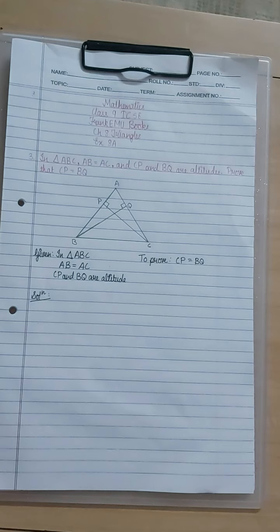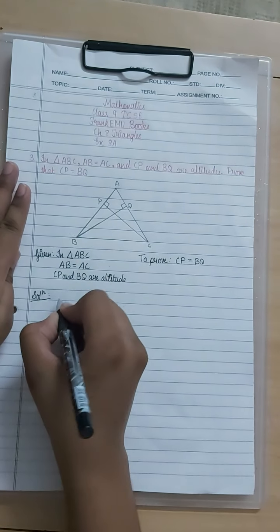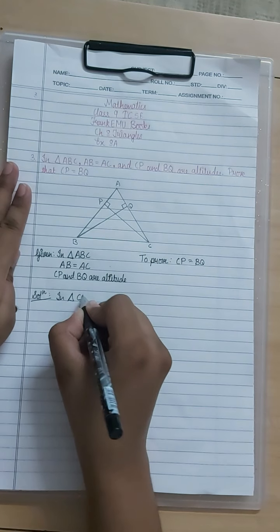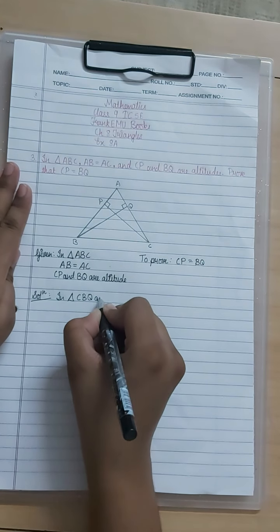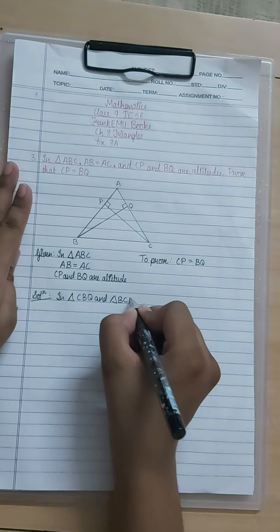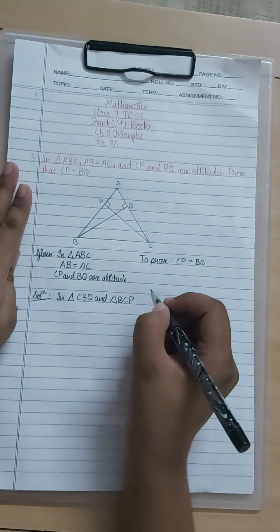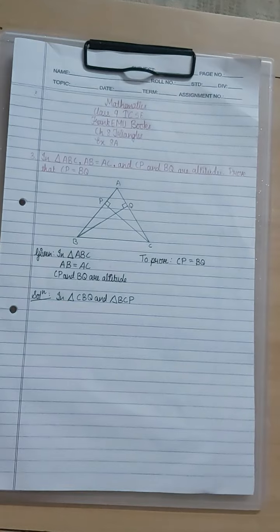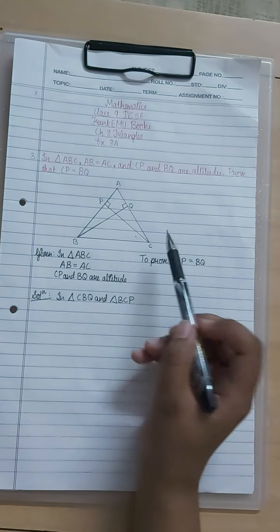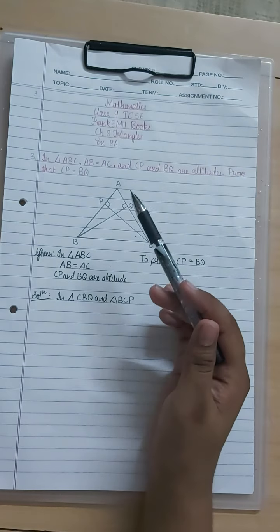So to get started, first we'll write in triangle CBQ and triangle BCP. You can either start by proving that two angles are equal, or you can just prove it in between.